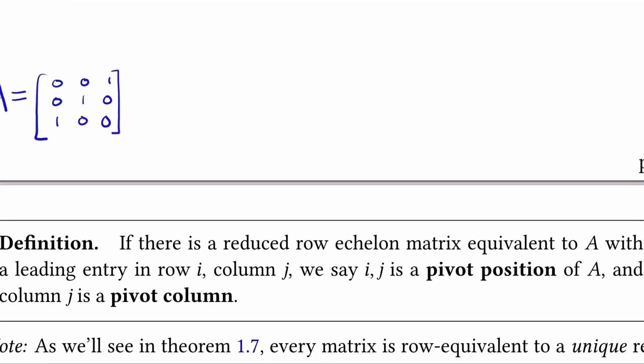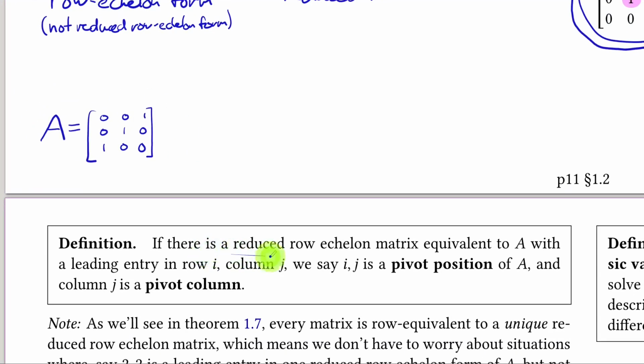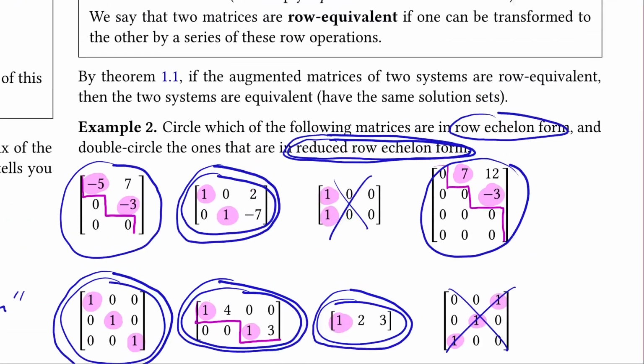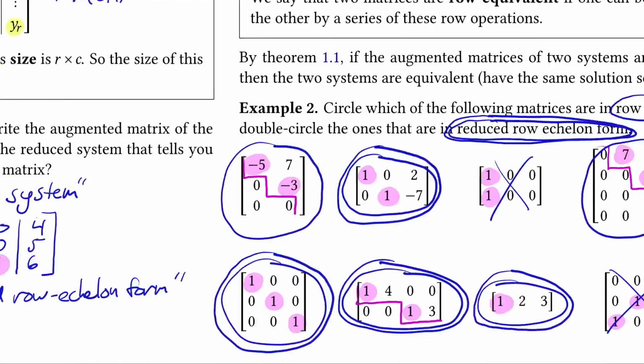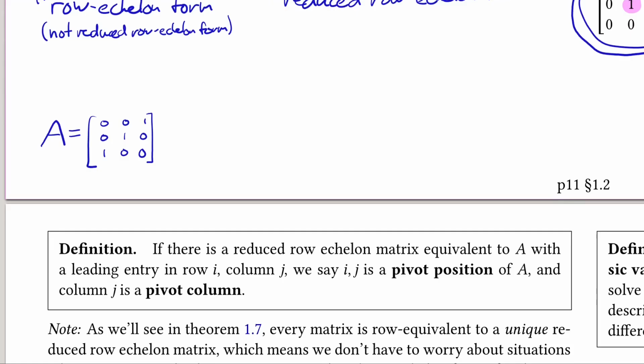Well, what this says is that if there is a reduced row echelon matrix row equivalent to A, well, we can get one that's row equivalent to A. Remember, row equivalent means one can be transformed into the other by a series of these row operations. So if we just switched the positions of this row and this row, that should do it, right?